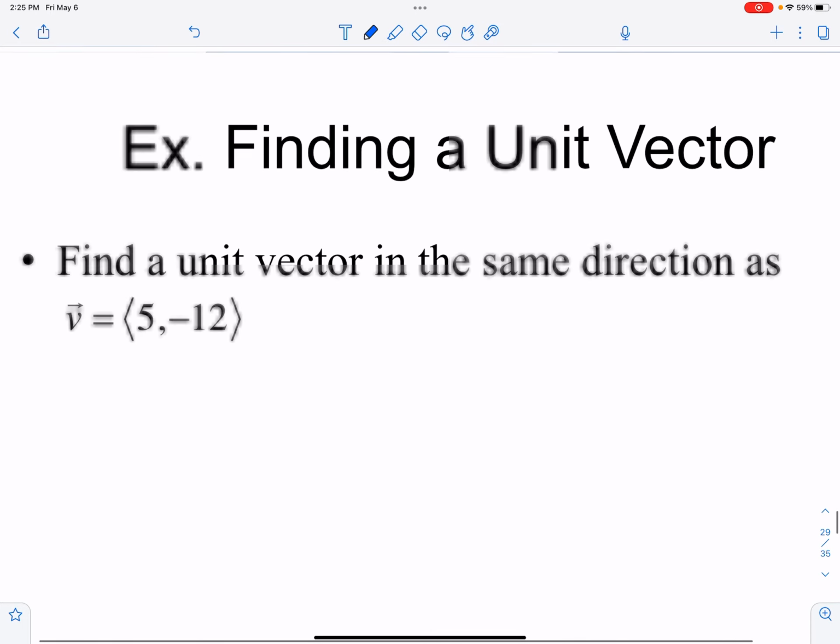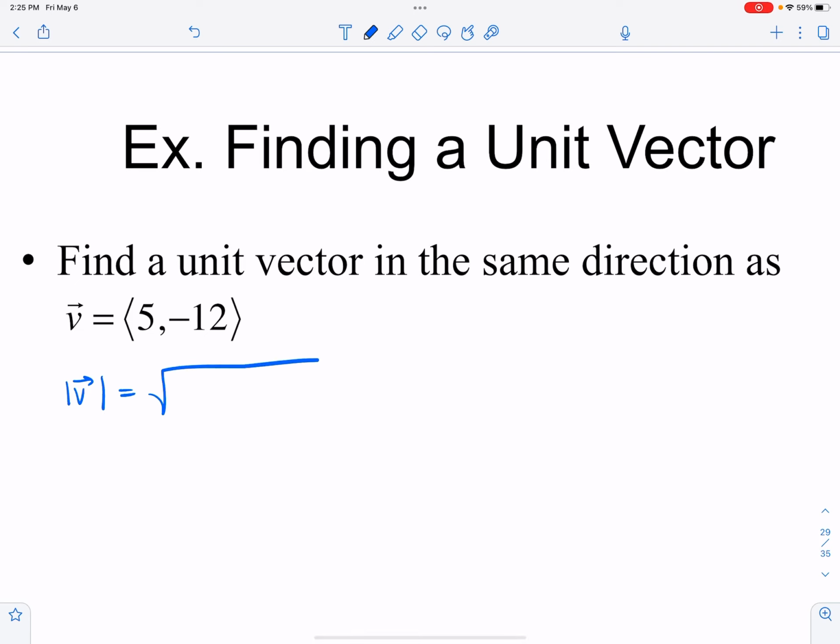So if we want to find the unit vector that points in the same direction as the vector 5, comma, negative 12, we could first find the magnitude of the vector. So taking the square root of 5 squared plus negative 12 squared would be equal to positive 13.